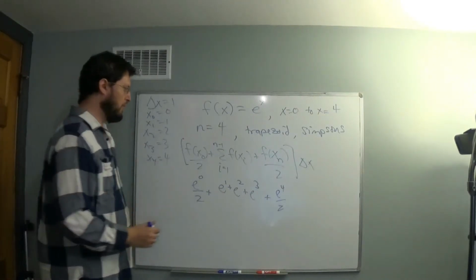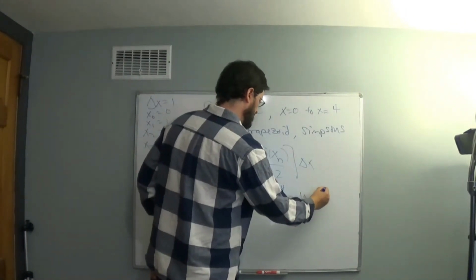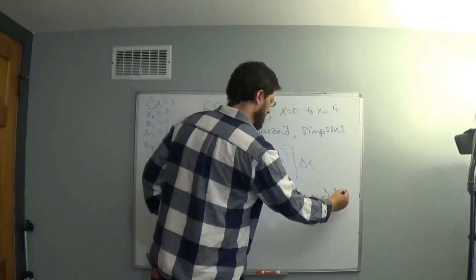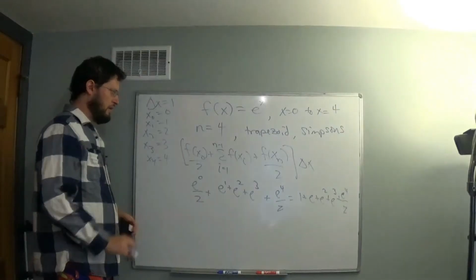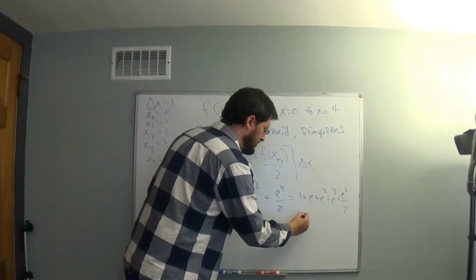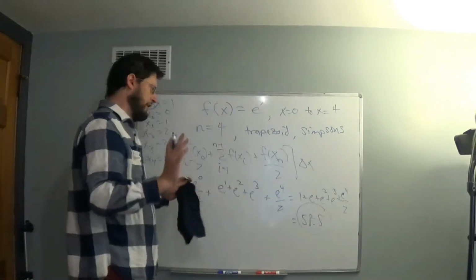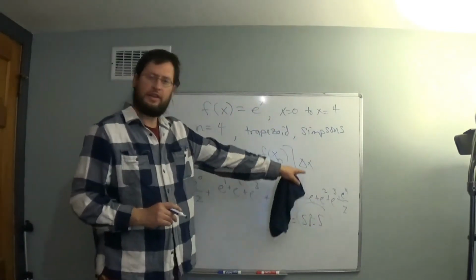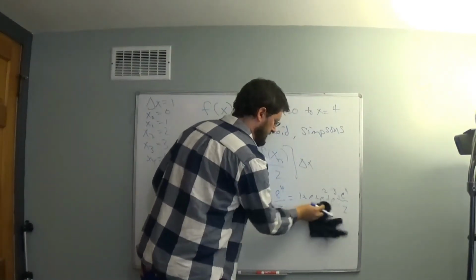E to the 0 is 1, so we end up getting 1 plus e squared plus e cubed plus e to the 4 over 2. If you put this into your calculator, you'll find that this is approximately 58.5. Except, let's not forget that we needed to multiply by delta x.